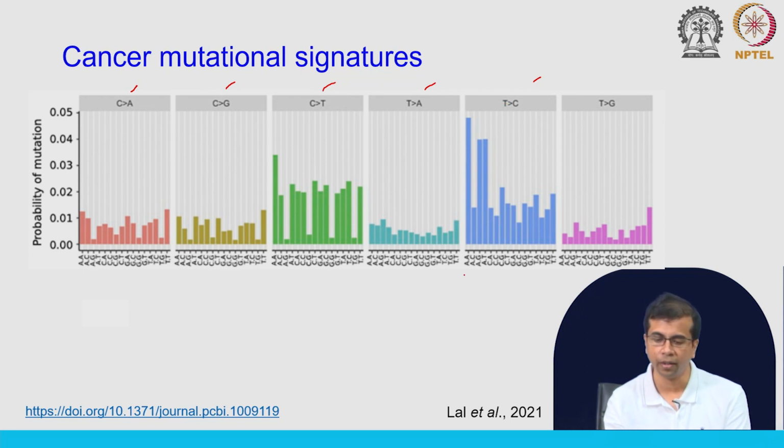For example, the T2C mutation occurrence is much higher in this A-T-A context, so this T is often mutated to C. We can study these context-specific occurrences and identify the different mutational signatures present in different cancers. We have a lot of data now, a lot of analysis has been done already, and we know these mutational signatures for different types of cancers across different patients.